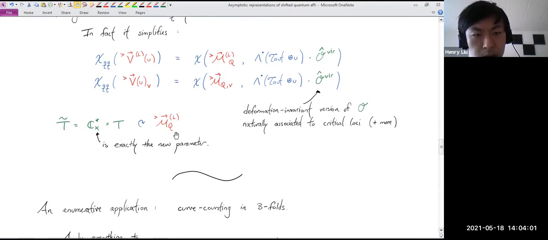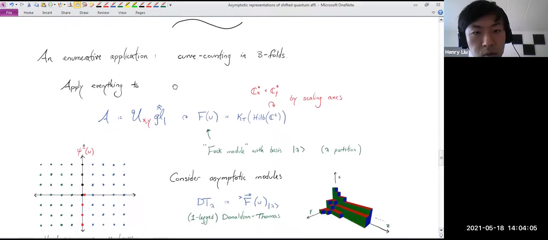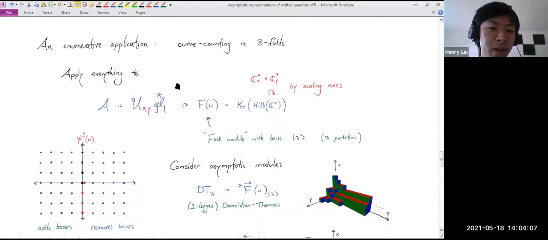So now I want to return to maybe something a little bit more down to earth for a certain subset of people in this seminar, which is I want to talk about the enumerative geometry of curves inside threefolds.